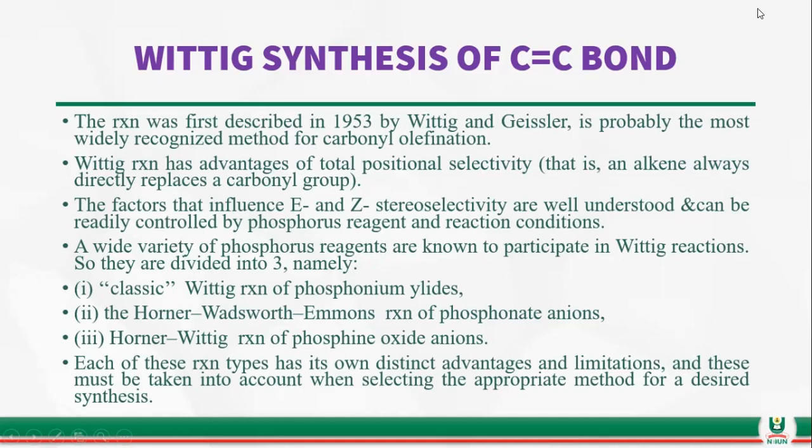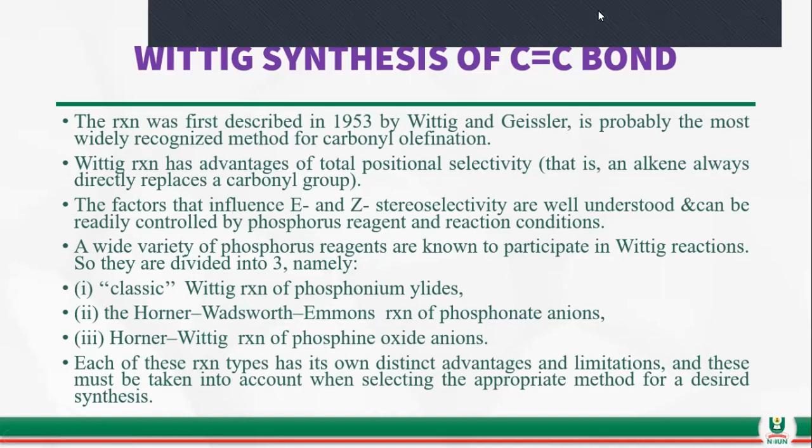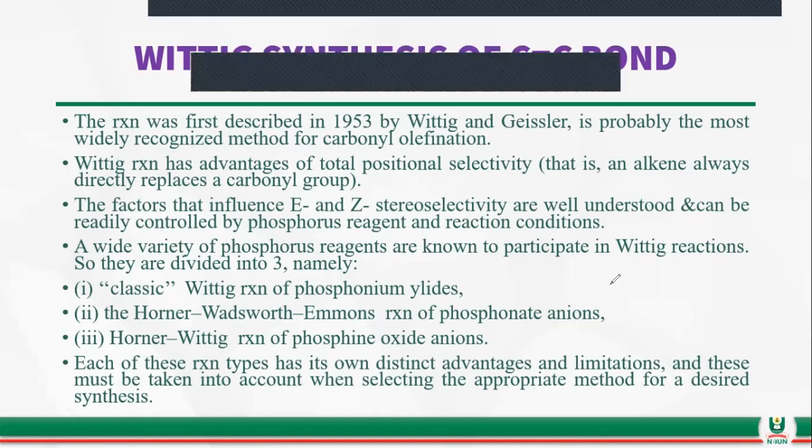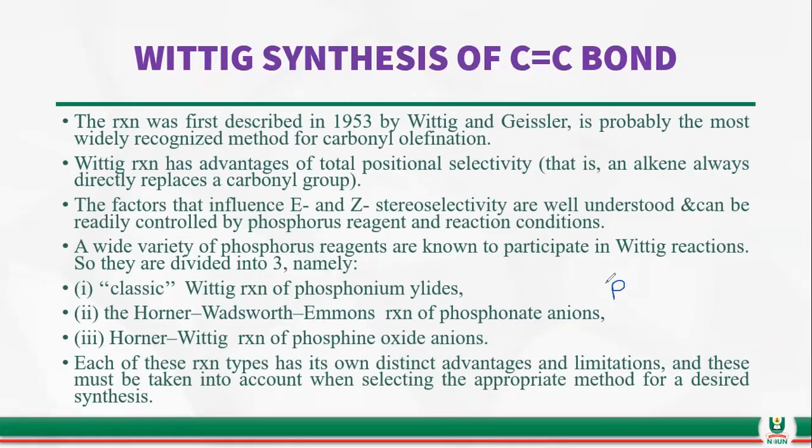Maybe we can just quickly look at this before we go into the detail. When we are talking about a phosphonium ylide, phosphorus has an expanded octet. The phosphorus is linked with three phenyl groups, like a phosphine.